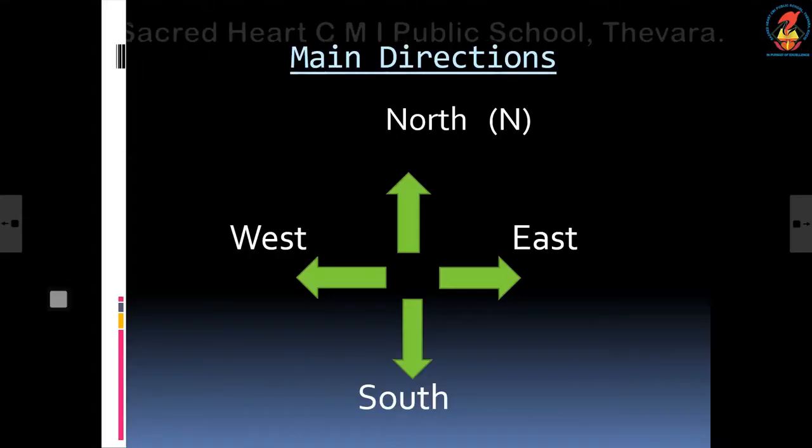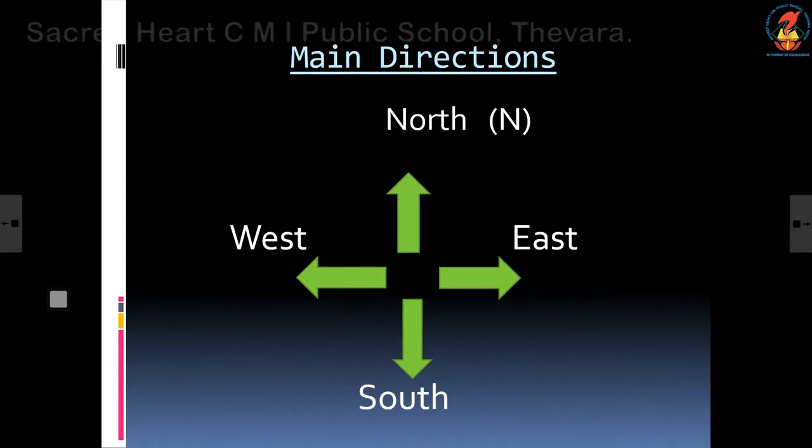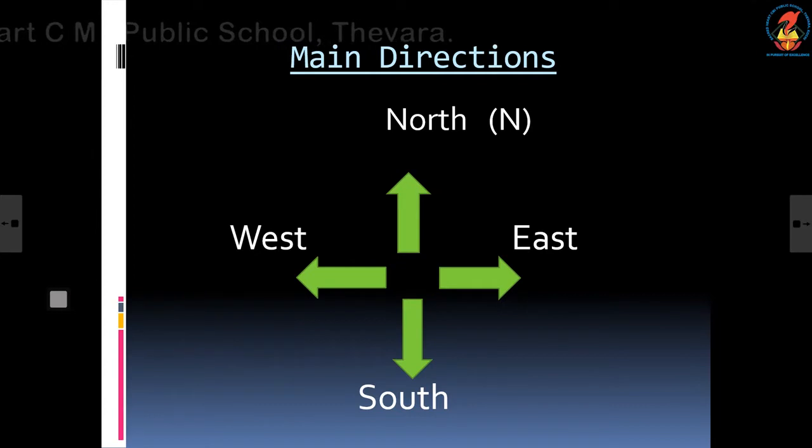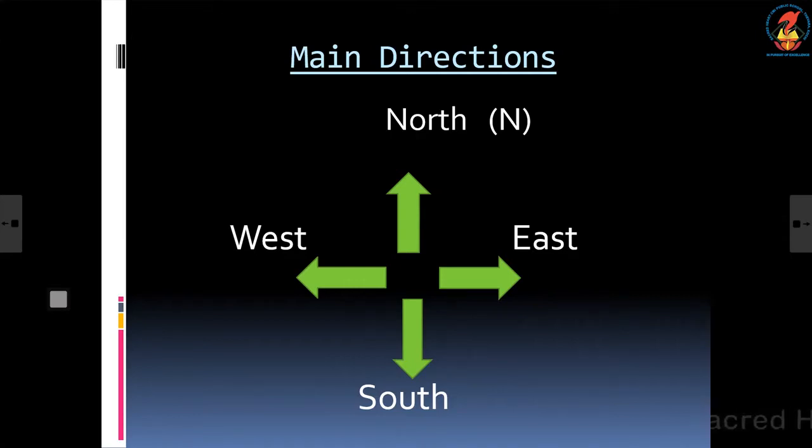For every map, the upper side, the top side, is always north and it is denoted with the letter N. The bottom side is always shown as south.